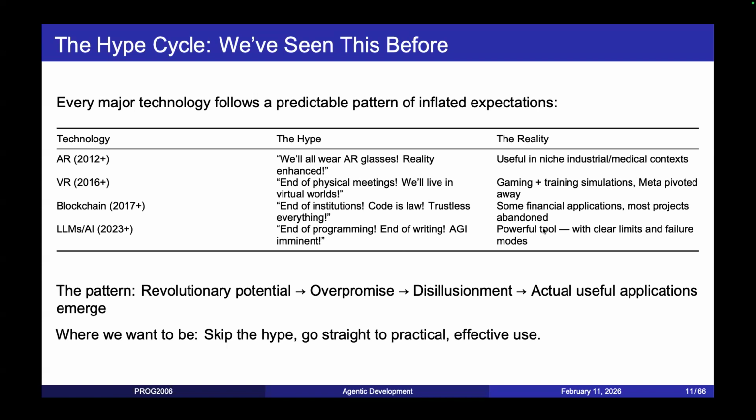So we will see. We are in that cycle right now, so it always goes into overhype, over-promising, and then disillusionment, and then the actual productive use. What we want is to go into this effective productive use right away without all this hype. It's kind of interesting.